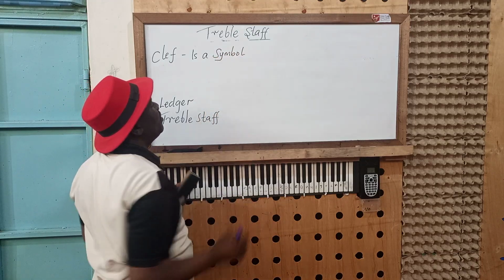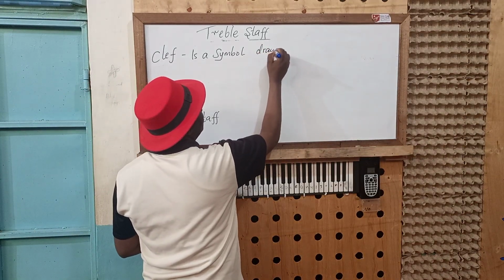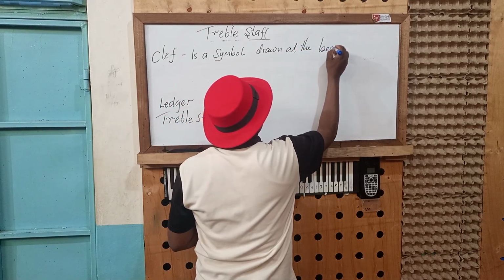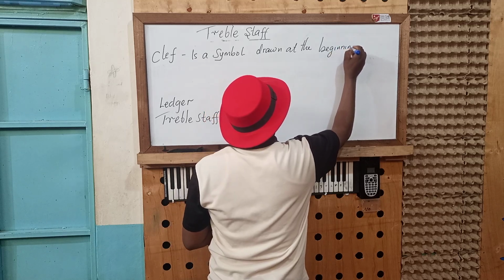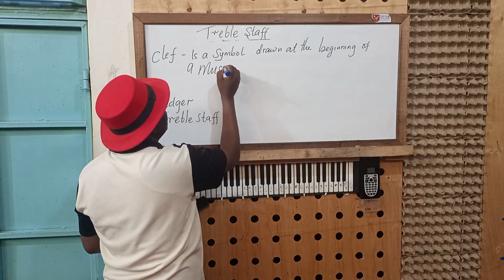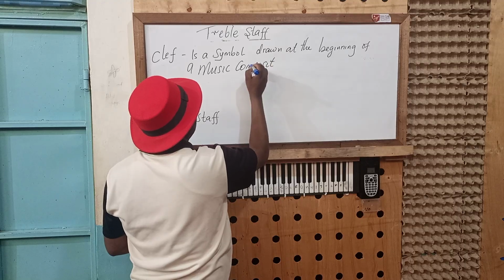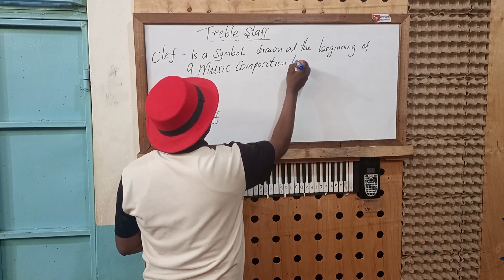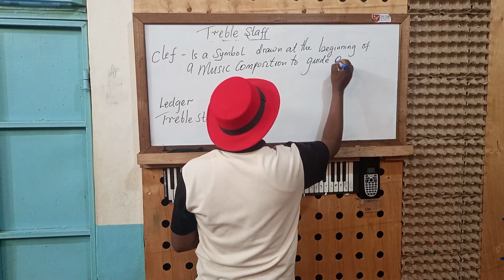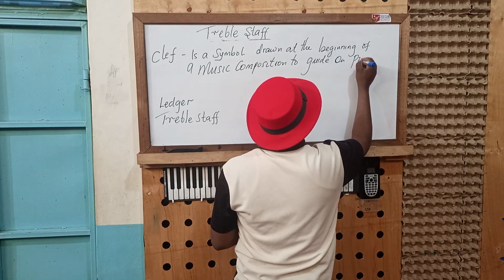A clef is a symbol drawn at the beginning of a music composition to guide on pitching.